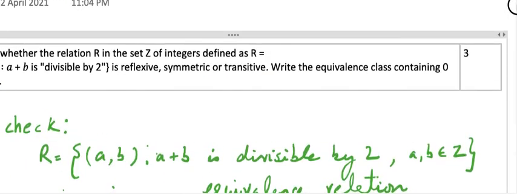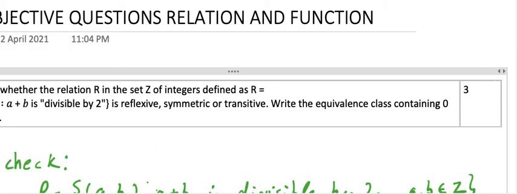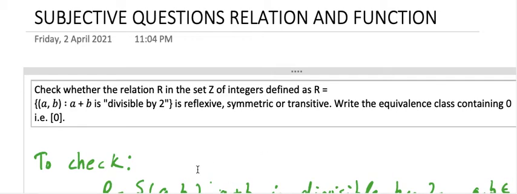We have discussed 6 marks type questions up till the 6 mark portion from the paper. So this is a 3 marker type. Proving that R is reflexive is of half marks, the symmetric part is of 1 mark, the transitive part is of 1 mark, and the equivalence class of 0 carries a weightage of half marks.